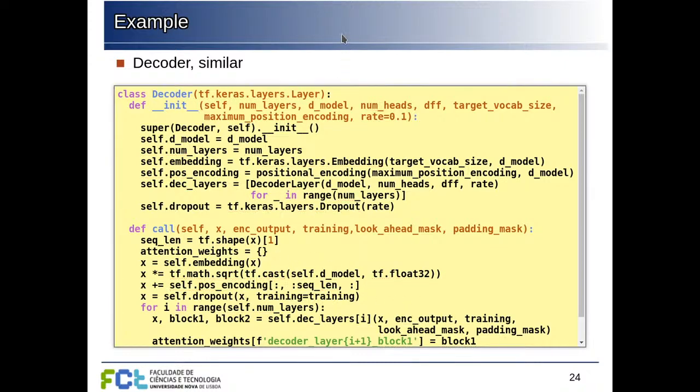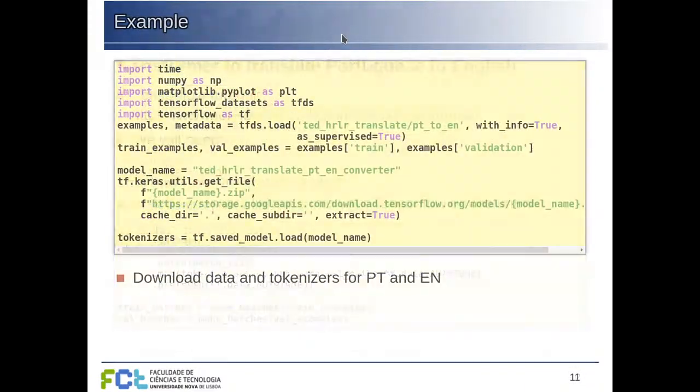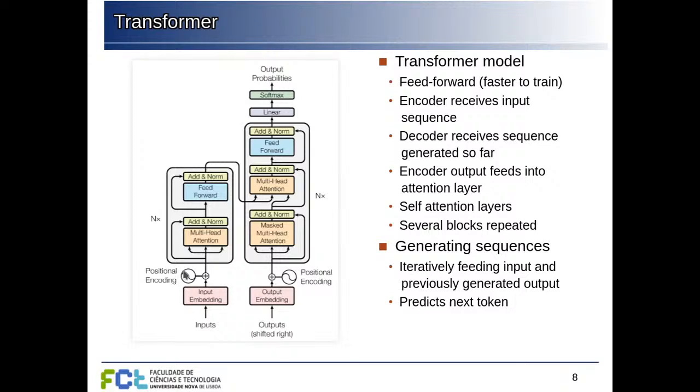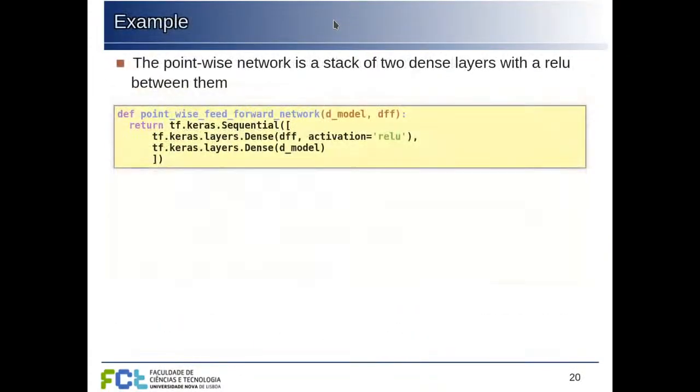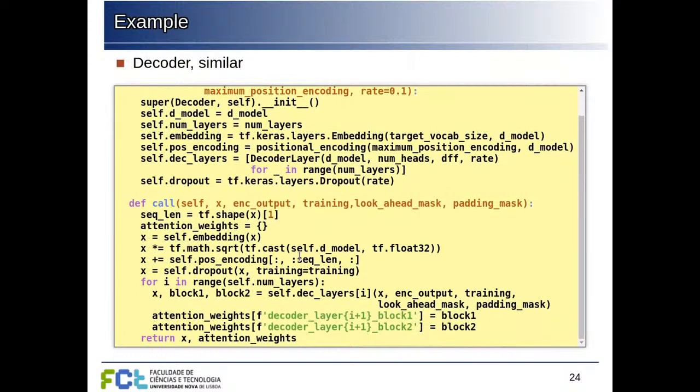So in the encoder, we are creating this part by stacking a series of encoder blocks, and in the decoder we are stacking a series of decoder blocks before going to the softmax at the end.